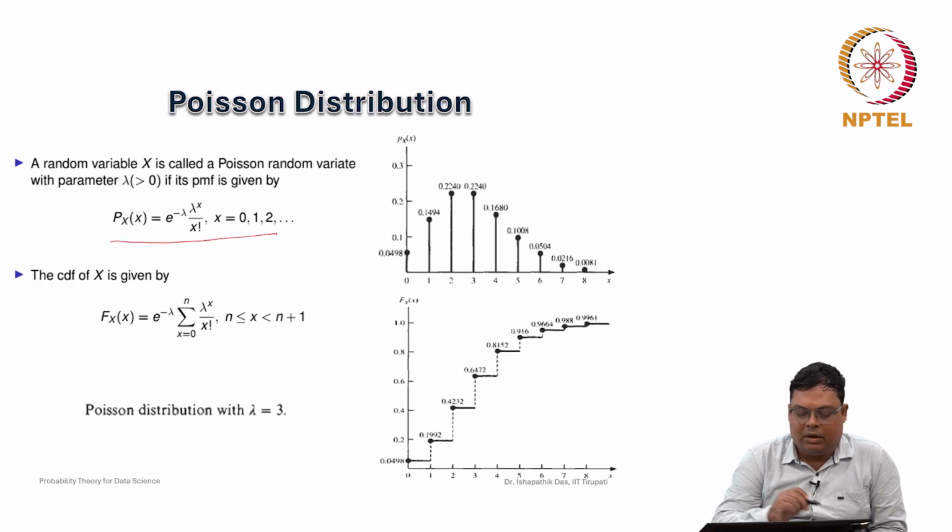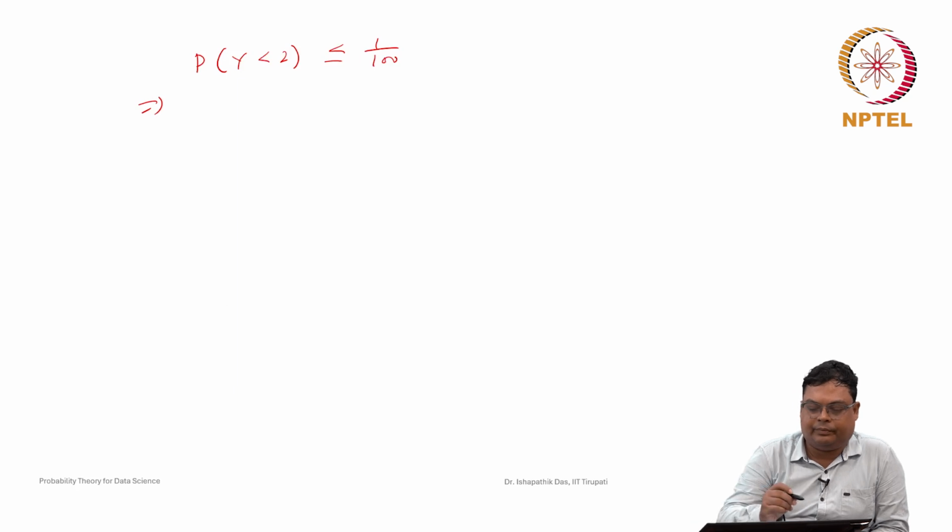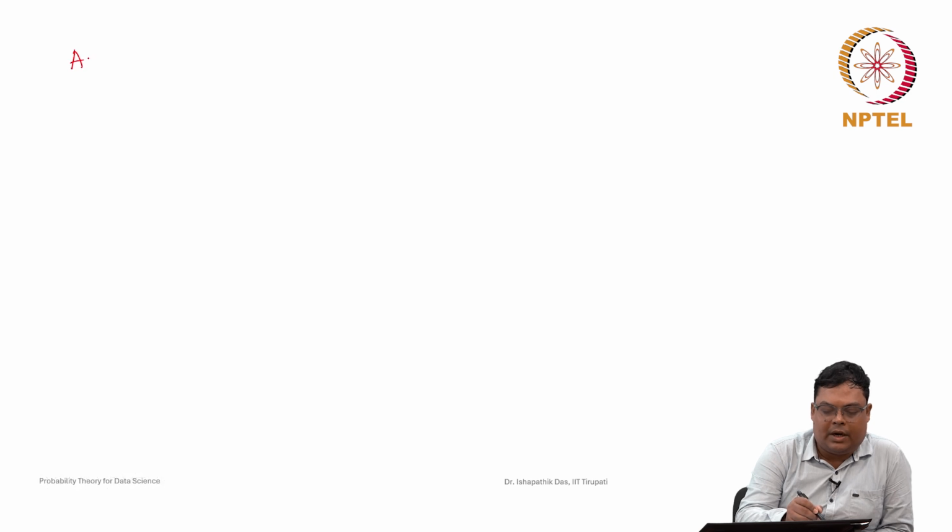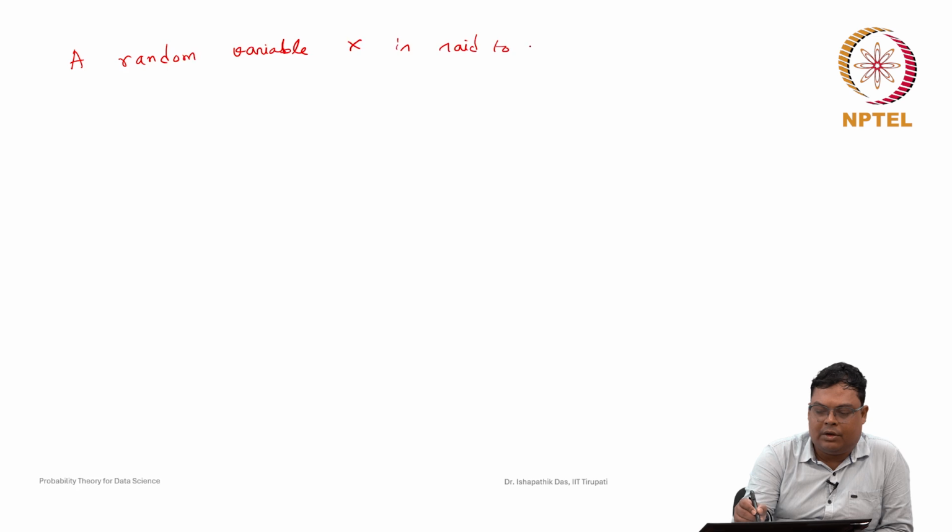So, now let us write this down. A random variable x is said to have Poisson distribution with a parameter.